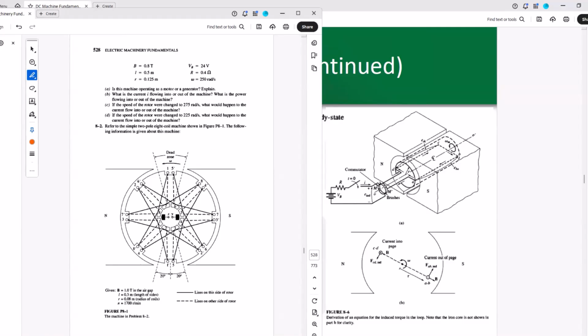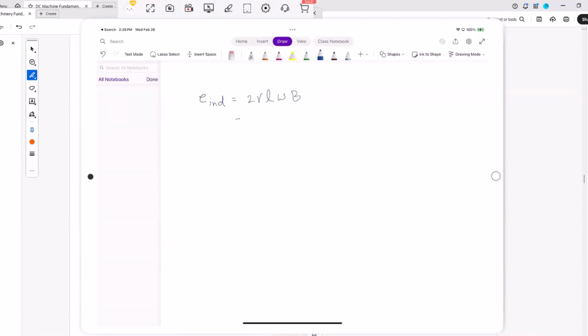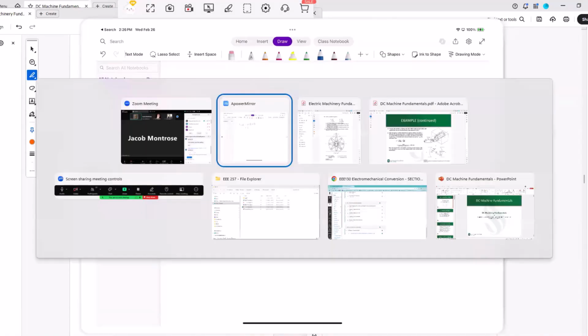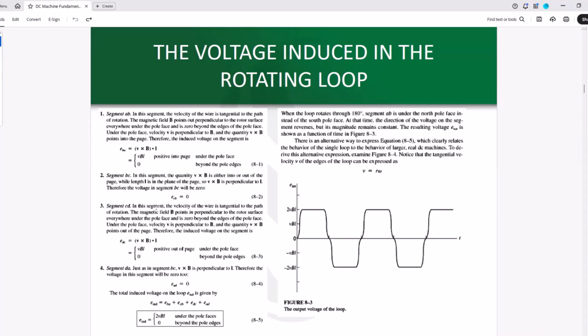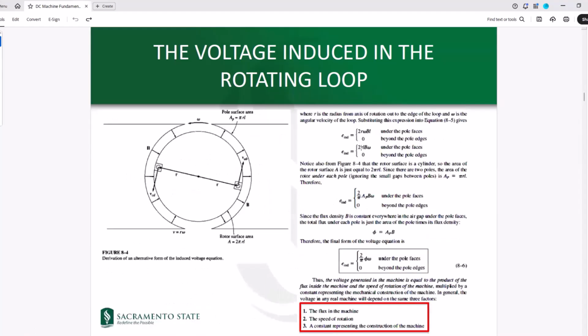Explain. We know that because of the speed of the machine, there must be a voltage induced in the windings. Isn't that correct? So let's see how much voltage is being induced. The voltage is 2 times, and this is coming from where? So E induced would be 2 times R L B omega, right?